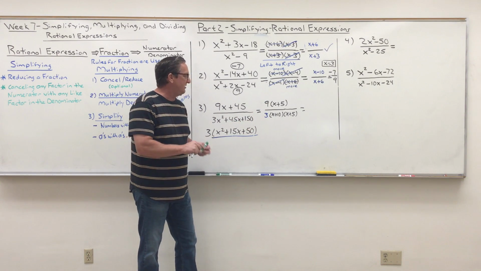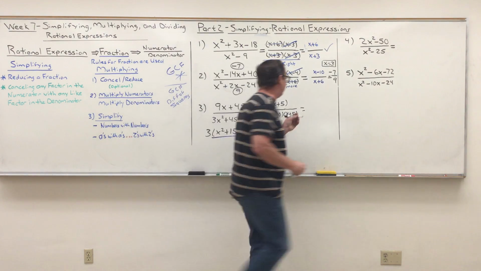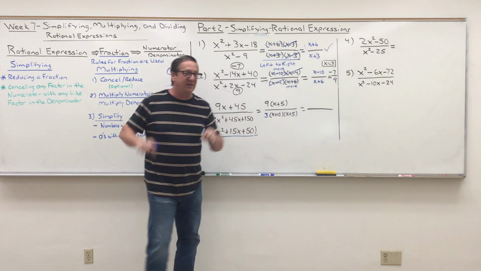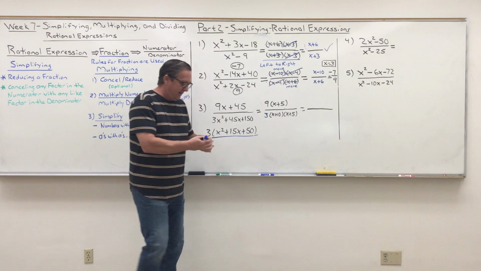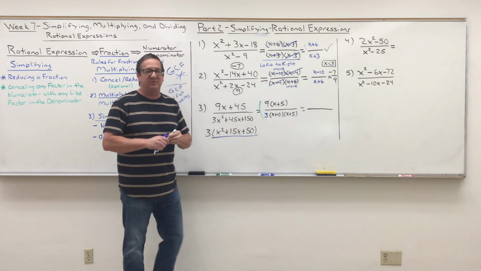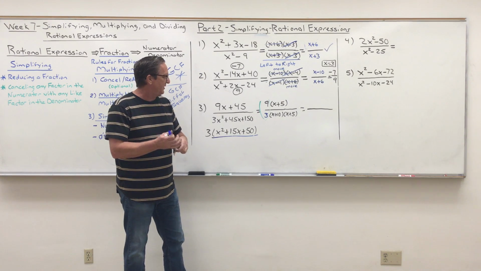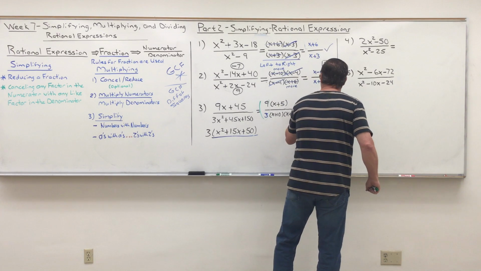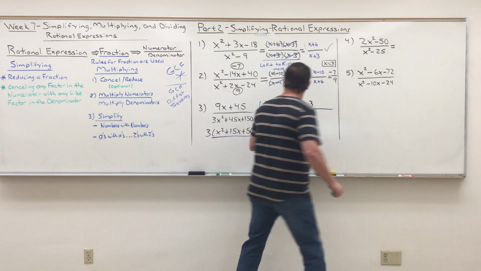So what I want you guys to do is, we're going to get our final answer ready. And you guys need to do the monomials first. So 9 divided by 3 is 3.